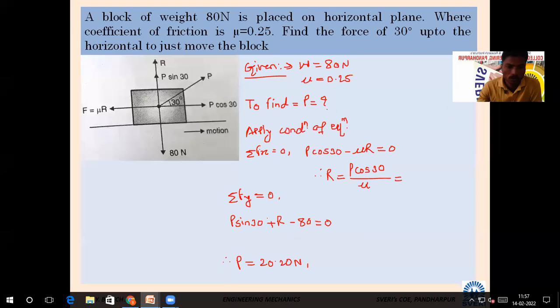Shiv Kumar, roll number 13. Okay, Rutuja, roll number 23. Sir, wait for 1 minute.